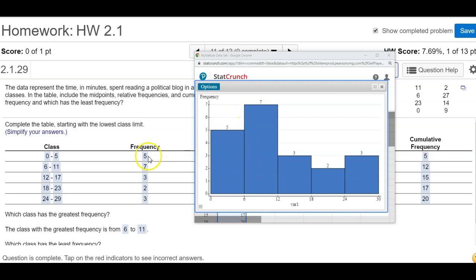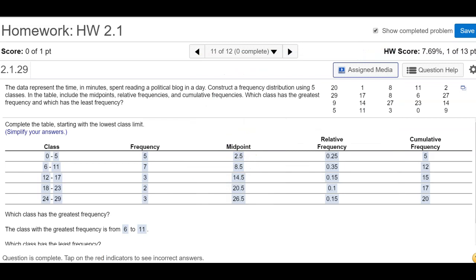Do you see that 5? I have the same frequencies, 5 and 5, 7 and 7, 3 and 3, 2 and 2, 3 and 3. But please keep in mind your upper limit is always minus 1. And once you do that, you know how to calculate your midpoint.